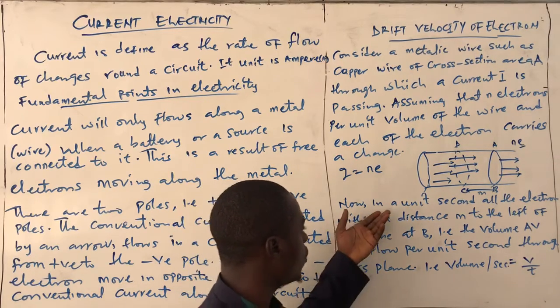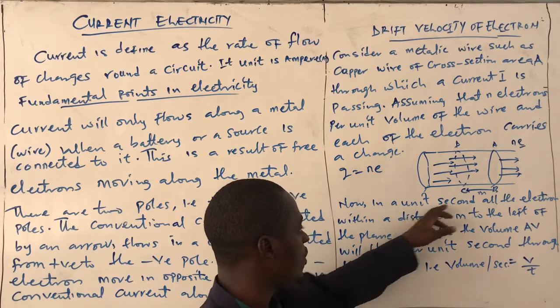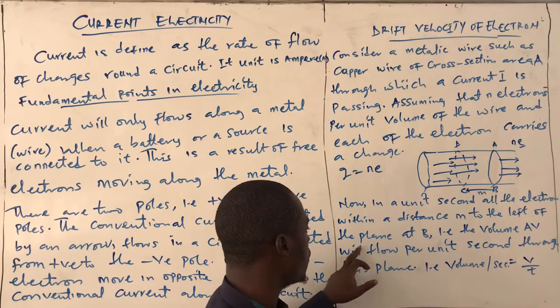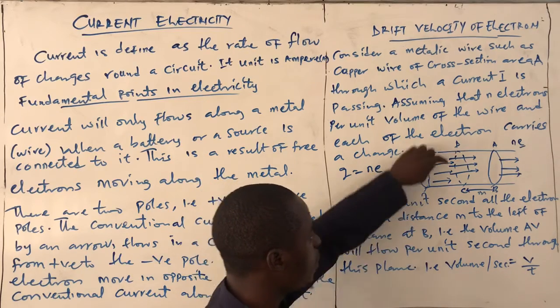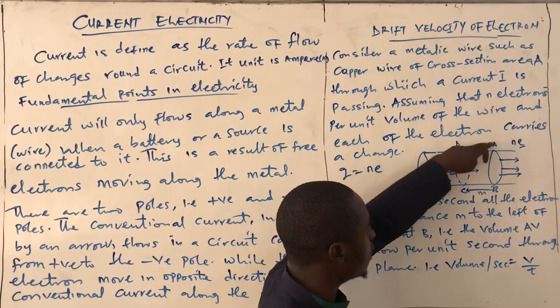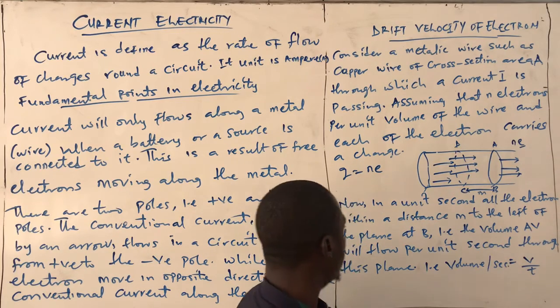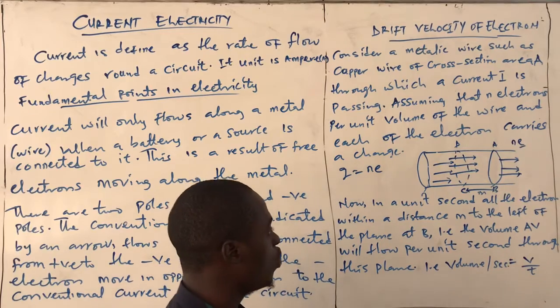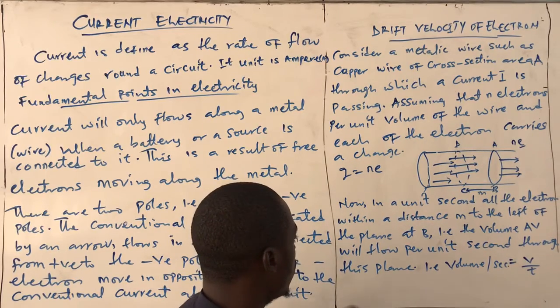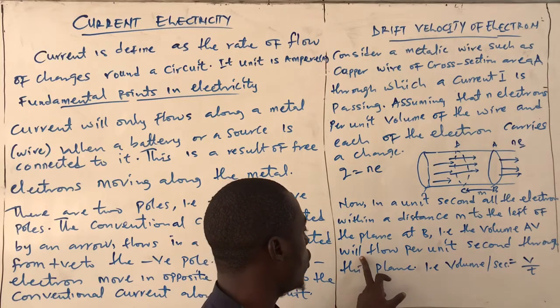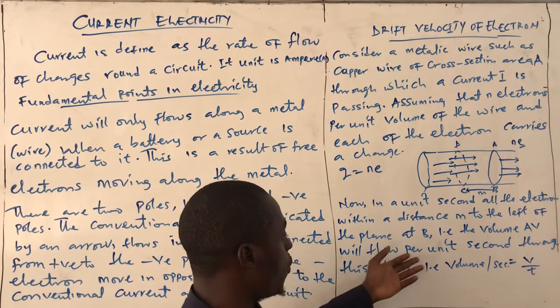Now, consider a unit of time, in one second, all the electrons within a distance M to the left of the plane at B. We say this is D, this is A, this is C, and this is B. So from here to here, we call it distance M between the two conductors. So the volume AV will flow per unit second.